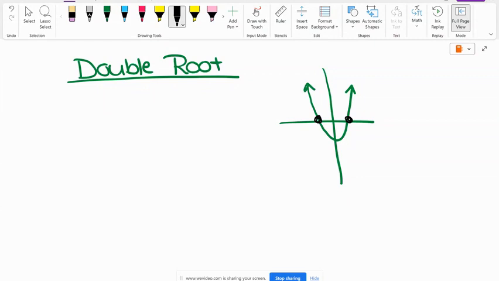Do we agree? And a parabola is always x squared, right? But sometimes it doesn't go through. Sometimes it comes down, it hits that root, and then what happens? It bounces back up. So in this scenario, even though the equation for this is y equals x squared, that's what this would look like, the equation.